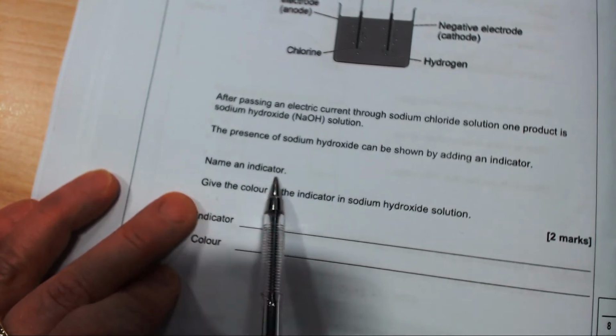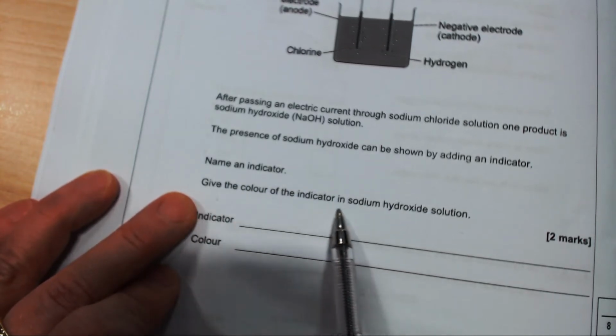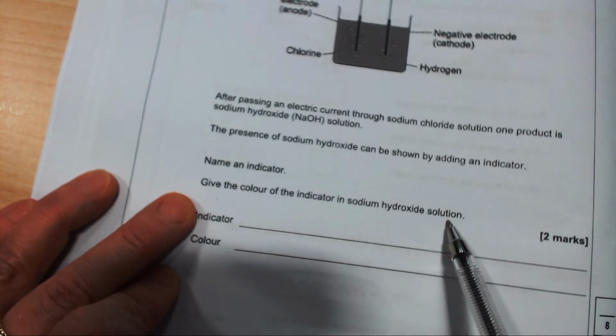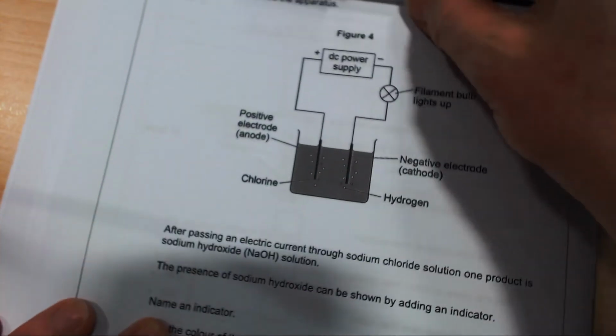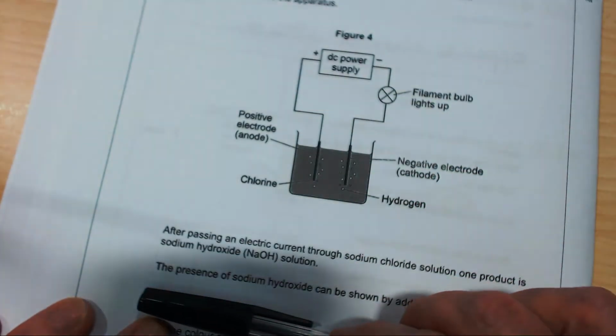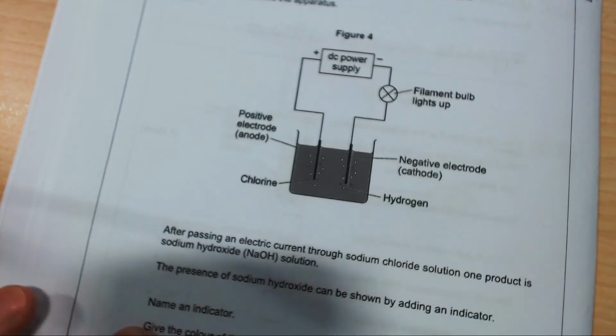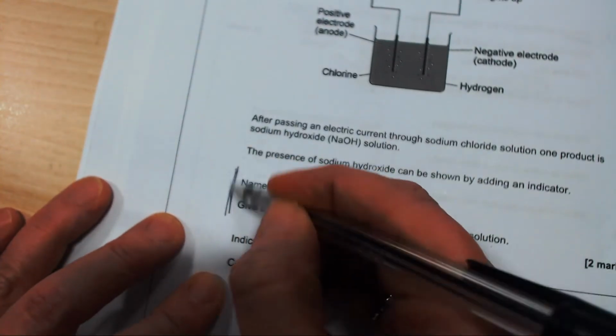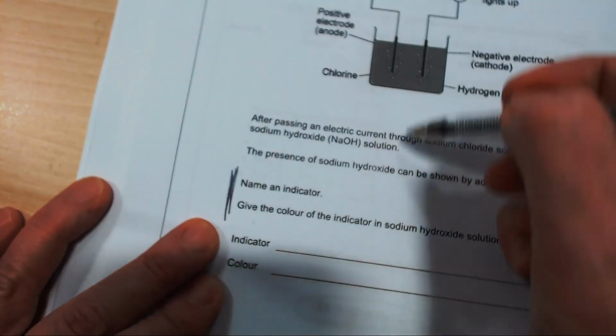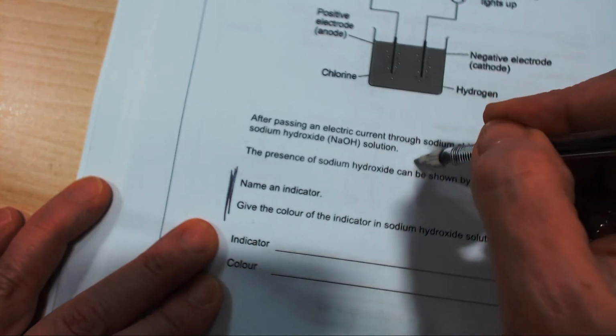It says name an indicator and give the colour of the indicator in sodium hydroxide solution. So actually, this stuff we don't really need. So especially if you're running short on time, you might want to always look to the question at the bottom and then see what you actually need to find out about in that top section.